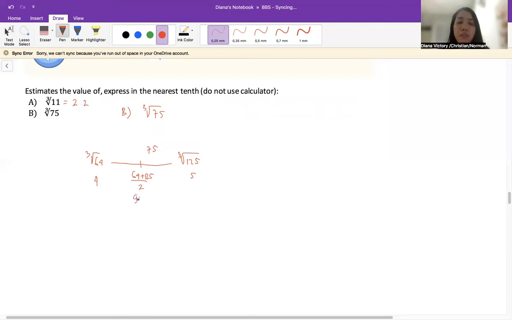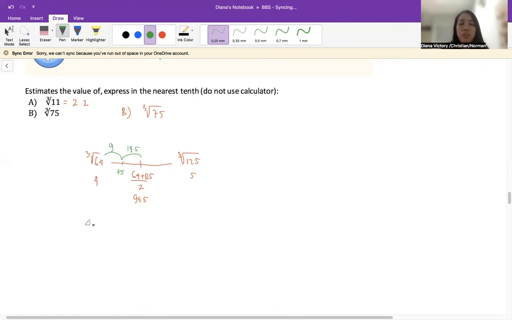This one is 94.5. And then the position of 75 is here. The difference between 64 and 75 is 11, and the difference between 75 and 94.5 is 19.5. So it is closer to 64.